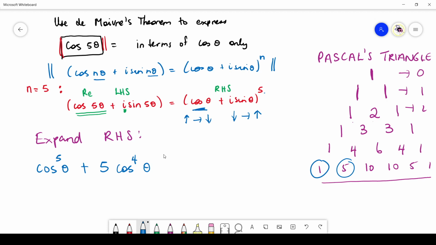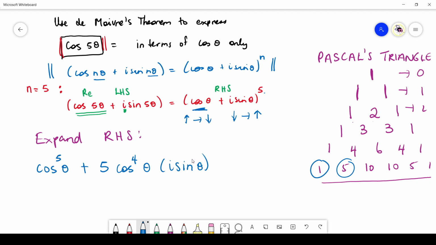Take note that for each term, you must make sure that the powers for both terms add up to 5 always. So for example, now we will have i sin theta present, and in order for the two powers to add up to 5, the power above cos theta should be 4, and the power above i sin theta should be 1, because 4 plus 1 gives us 5.